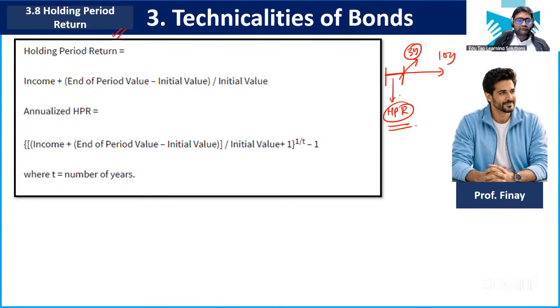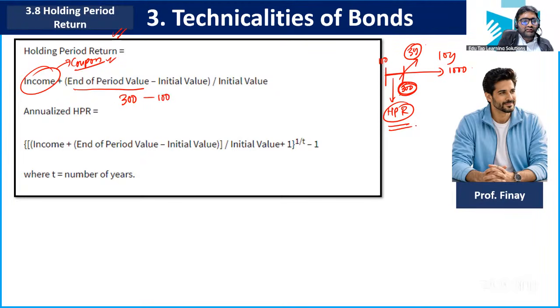So what he will get here is the income. Income is nothing but the coupon payment. The same type of formula, right? Coupon payment he will be getting. Apart from that, the end of period value at the end of 3 years, let's say it is 300. But he has bought this bond at 100 rupees, let's say.